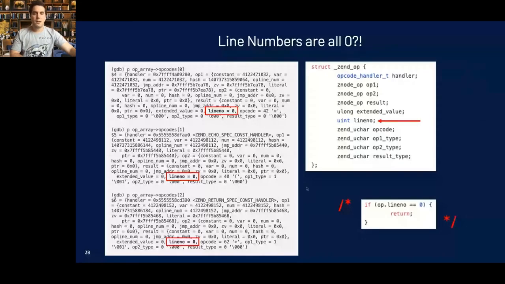That VLD dump op array function ends up calling a VLD dump op function that will dump out an individual instruction. When I looked at that source code, because I'm trying to figure out why no instructions are being dumped, I saw this little if block down here. If the line number is 0, then an instruction would not get dumped.